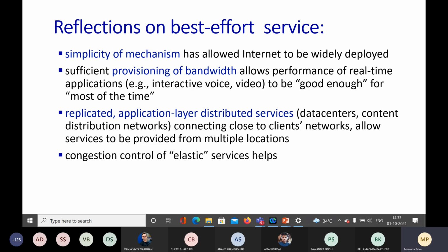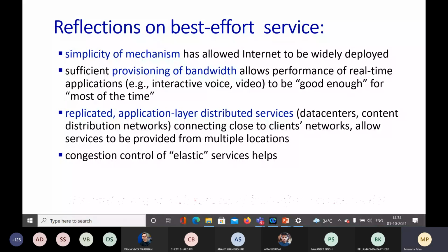The different congestion control mechanisms actually help to give a best effort service. It's an improved service basically. So even if there is congestion in the network, because the functionalities are available at the host side to control the congestion, it makes a simple process good enough most of the time.